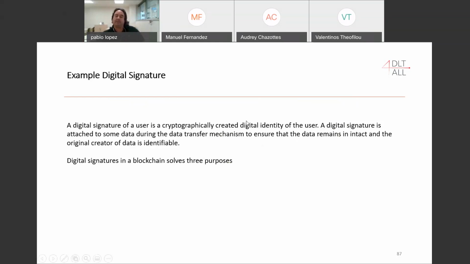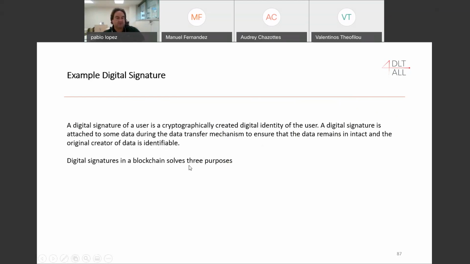We can talk here more in concepts or in terms of attributes. A digital signature is attached to some data during the data transfer mechanism to ensure that the data remains intact and the original creator of data is identifiable.